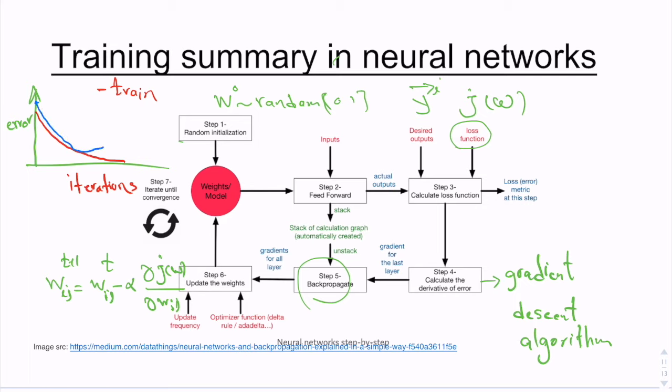Then at some point, as we do more iterations, the error becomes more severe for validation. So blue is validation data, red is train data. We stop at this point, and then we stop the training of the neural network.